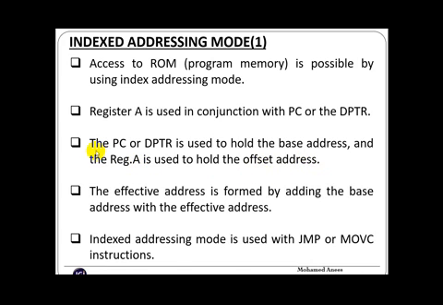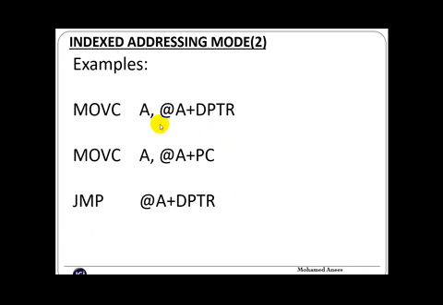So in this case, the base register can be your program counter or DPTR, and register A is used as an offset address. Okay, and the effective address is formed by adding the contents of the base address plus the offset address. There are only three examples: MOVC A, @A+DPTR.